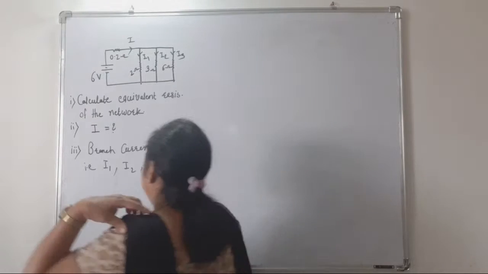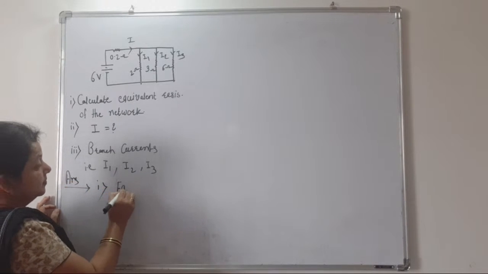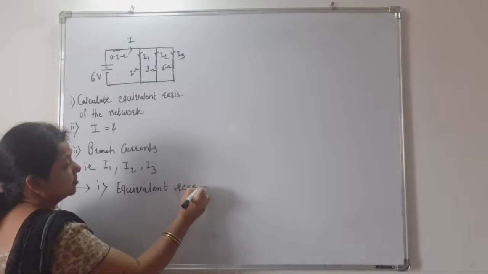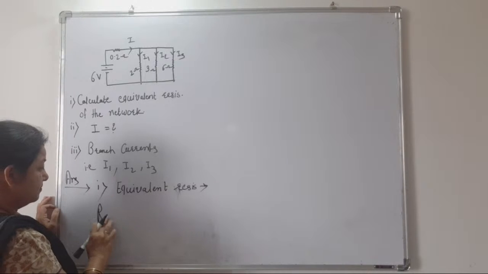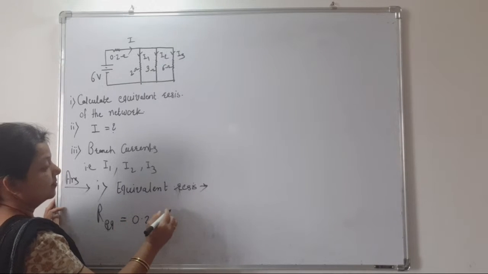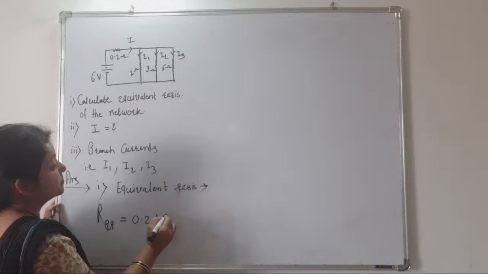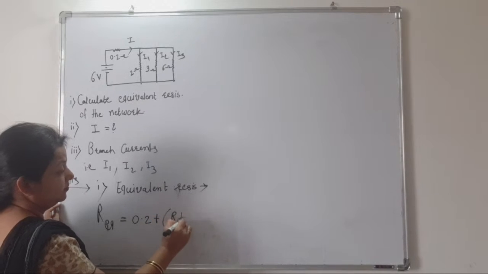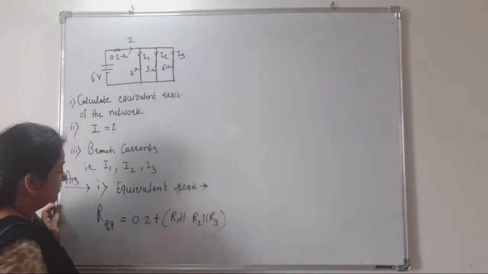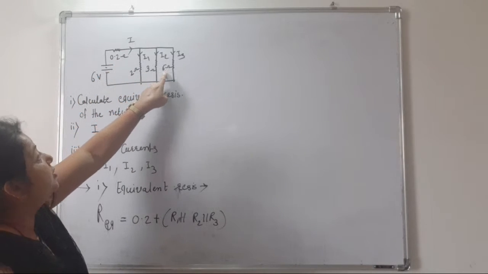See here. Now equivalent resistance is equal to 0.2 plus R1 in series with R2 parallel to R3.